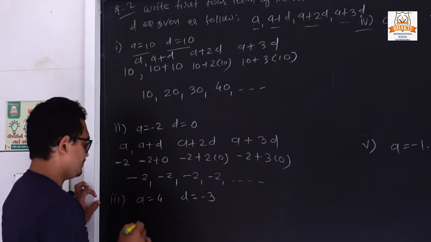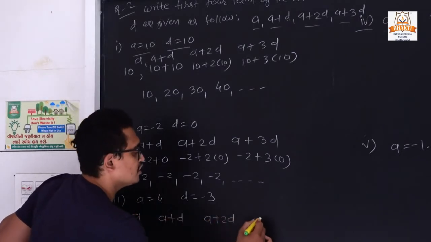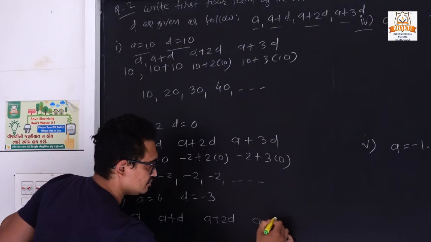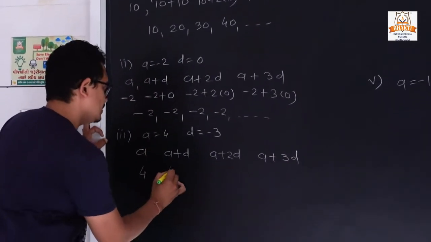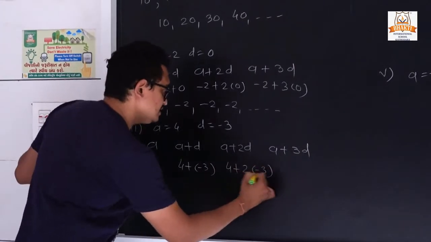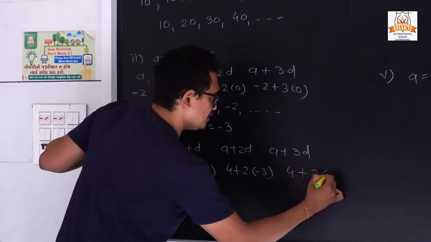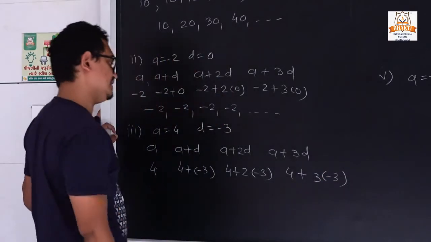Now third sum. Once again we write like that, first 4 terms: A, A plus D, A plus 2D, A plus 3D. So 4, then 4 plus 2 in bracket minus 3, and 3 in bracket minus 3.